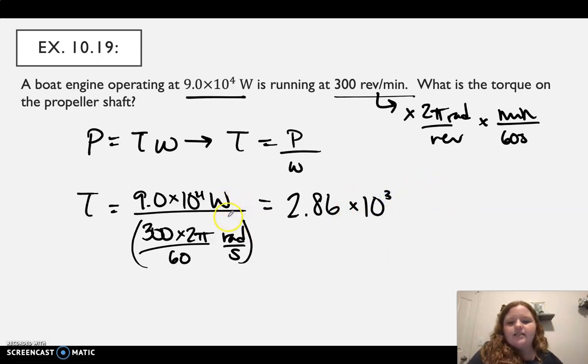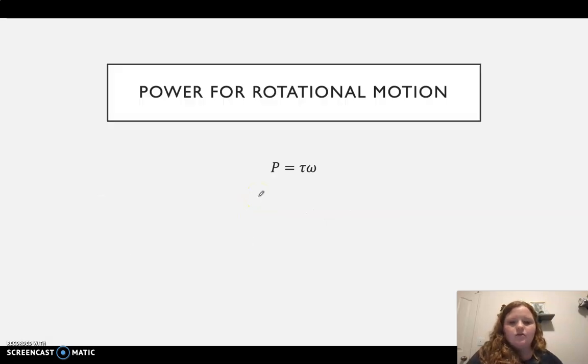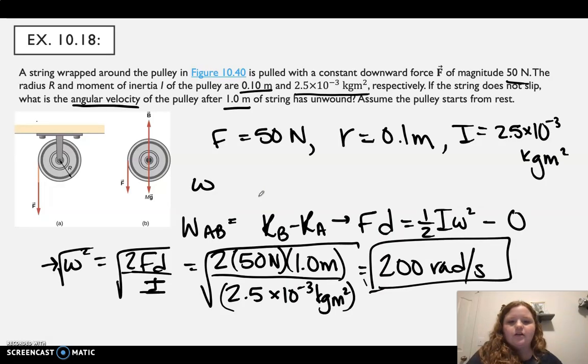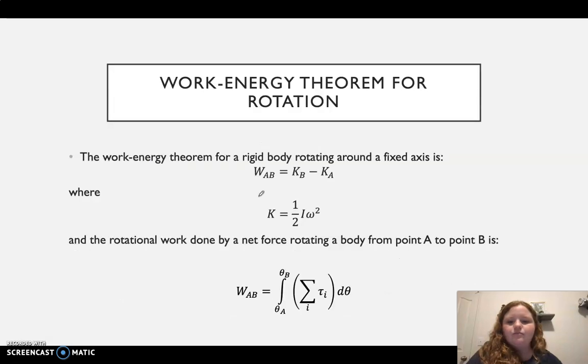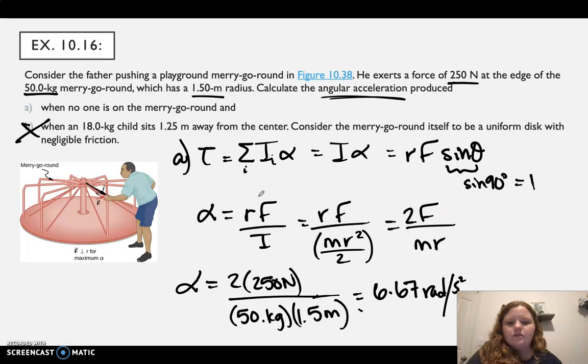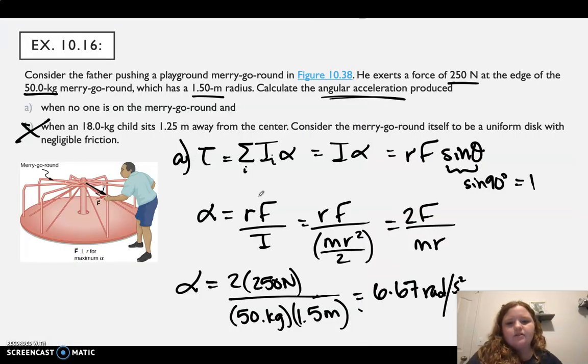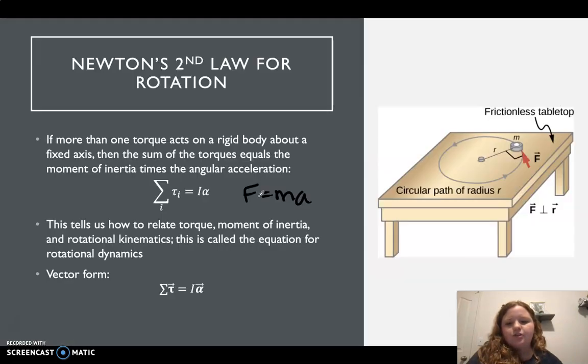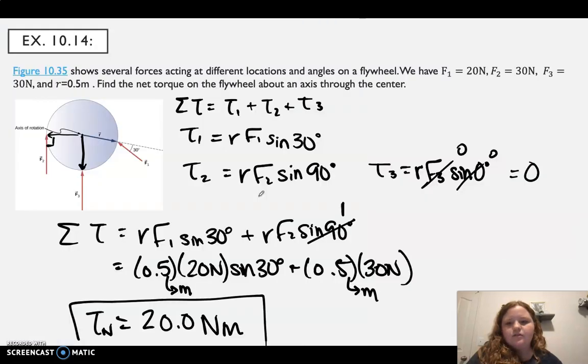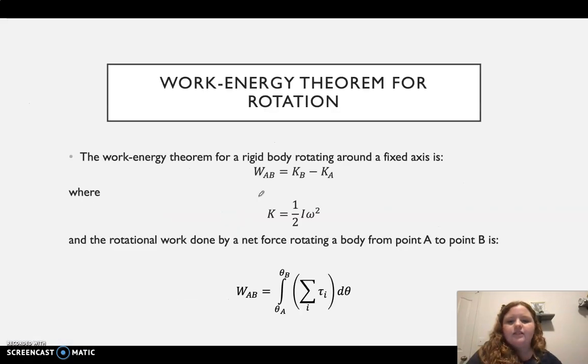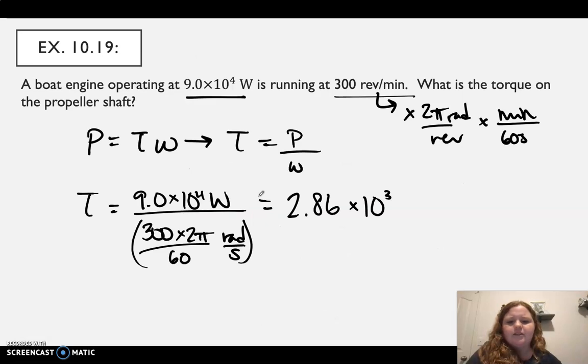And this is going to be in, what were the units of torque? I forgot off the top of my head. Why can I not remember? Well, shoot. Newton meter. Yeah, right. Okay. Sorry about that. Newton meter. Okay.